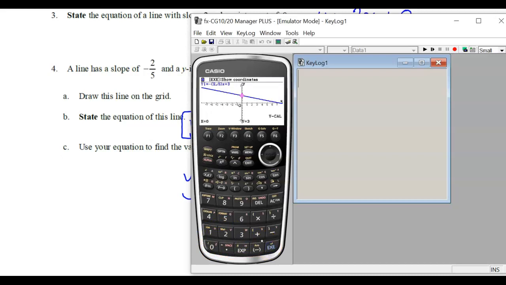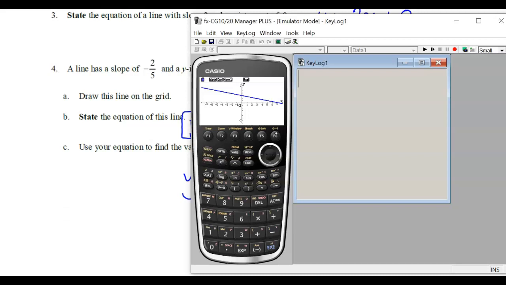Now if I do the same thing again with 15, it gives me an error. Okay, so why do you think it gives me an error? Do I see an x value 15 on my grid? No. So you have to change your window to be able to include that.